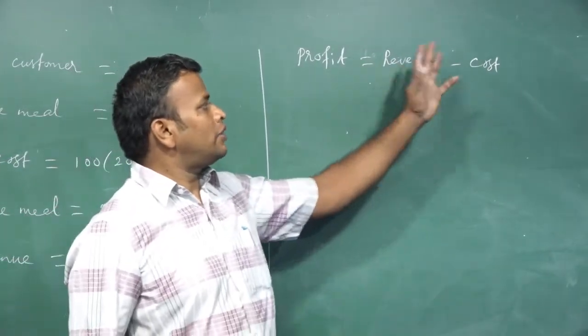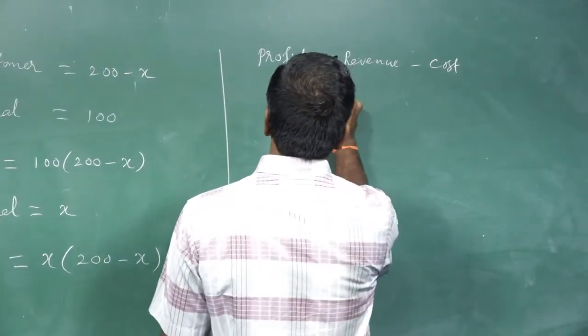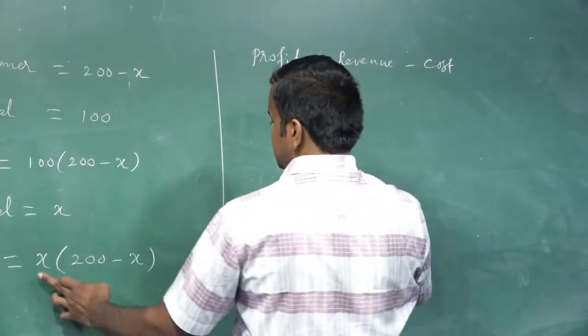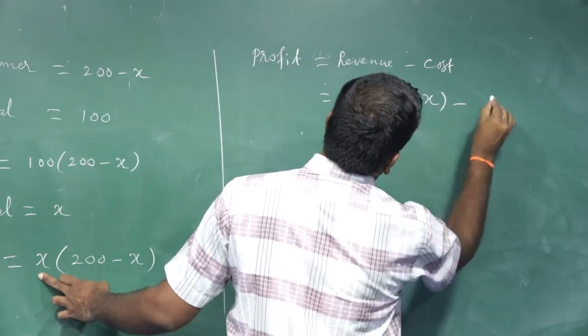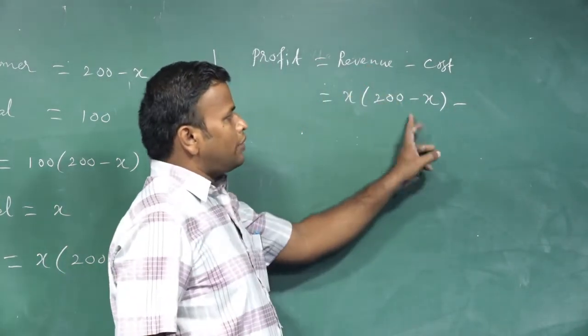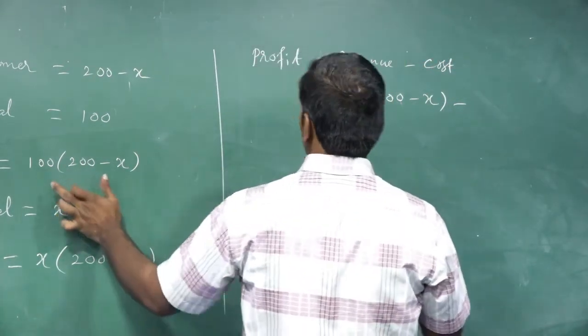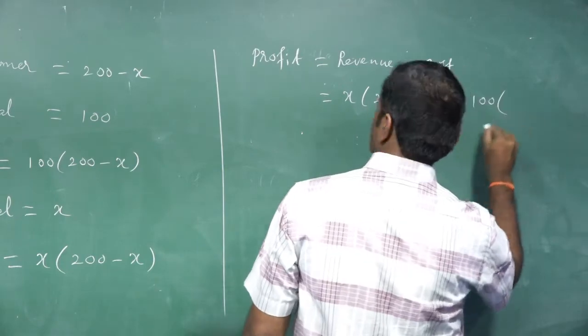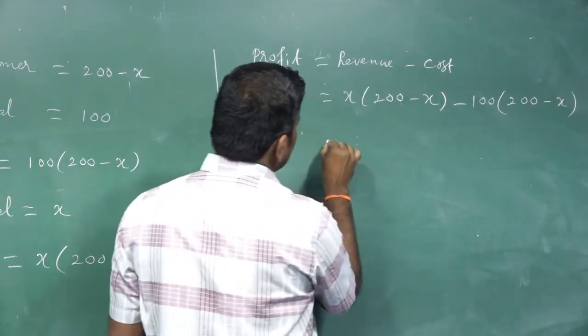In short, I write revenue minus cost. What is the revenue value here? The total revenue is x of 200 minus x. Okay, it is the value of total revenue minus total cost. The total cost is 100 into 200 minus x.